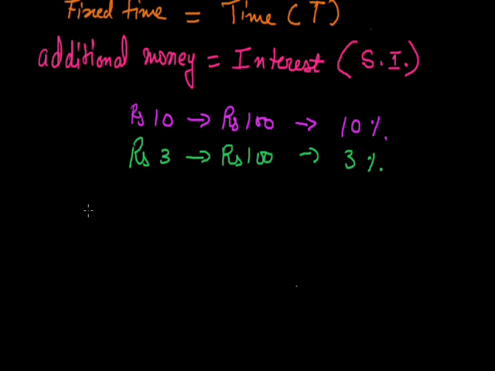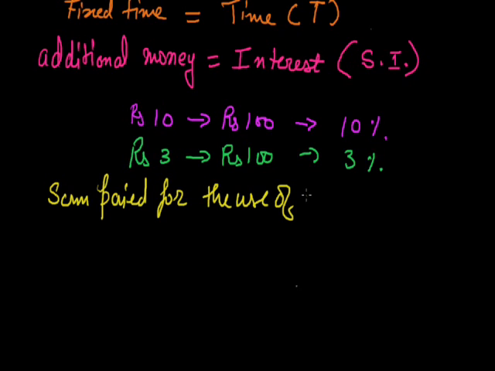Now the rate of interest is the sum paid for the use of rupees 100 that we borrowed. This is known as the rate, and we write it as a capital R, which is in percentage.